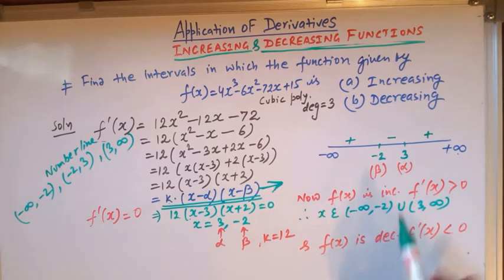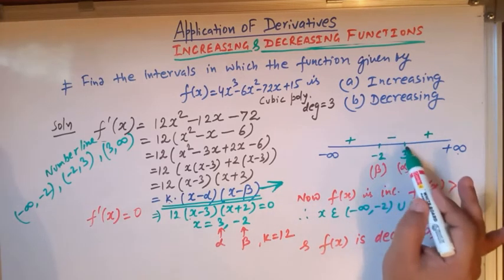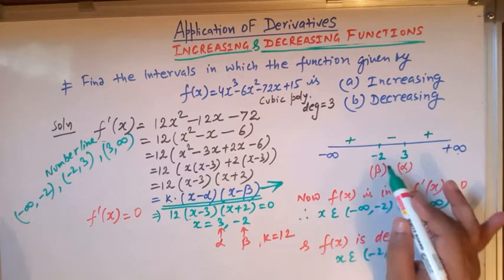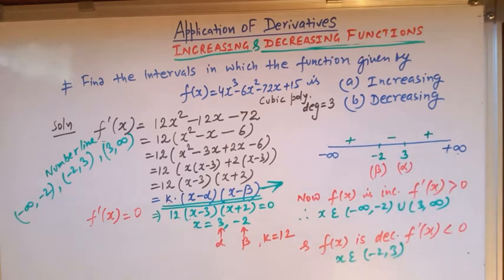Okay? And in the interval minus 2 to 3, we have this function decreasing. Clear? So f(x) is decreasing if f'(x) is less than 0 and x belongs to minus 2 to 3. Clear?